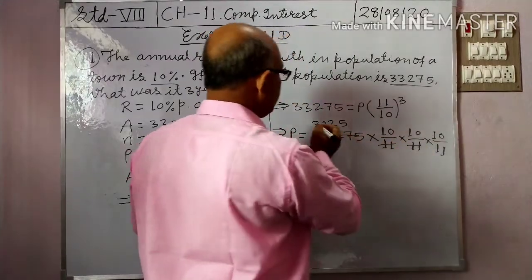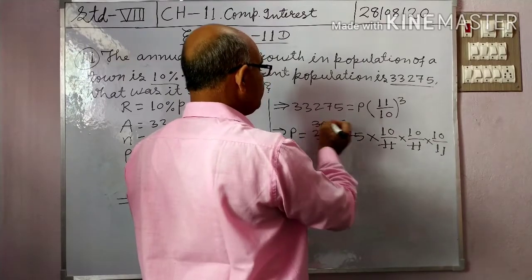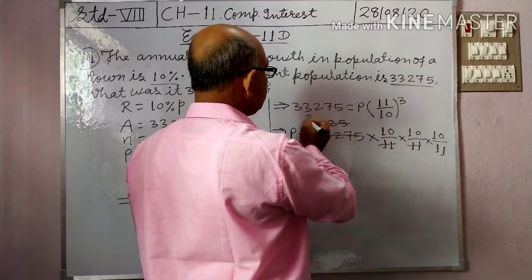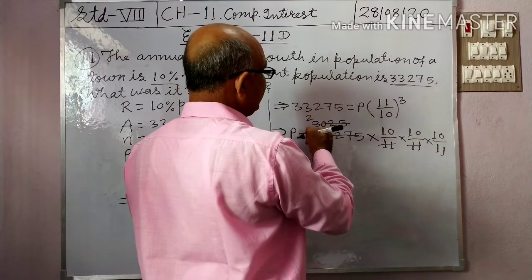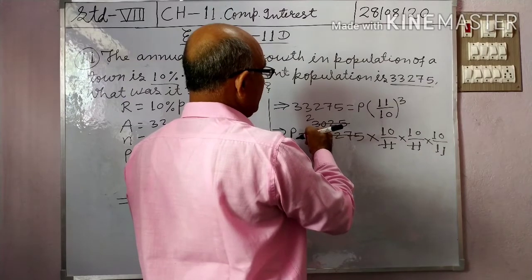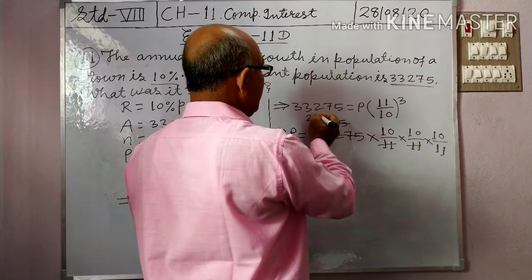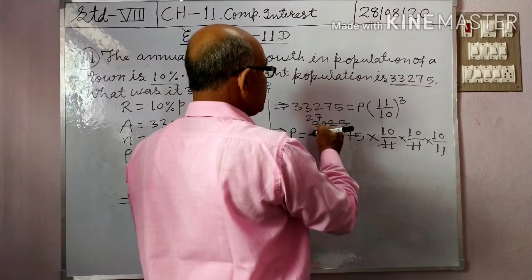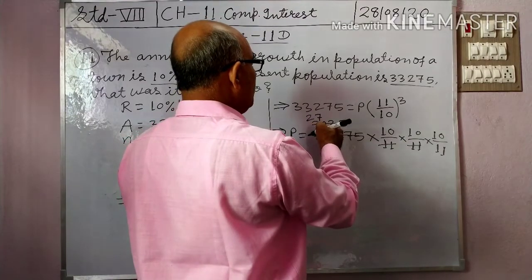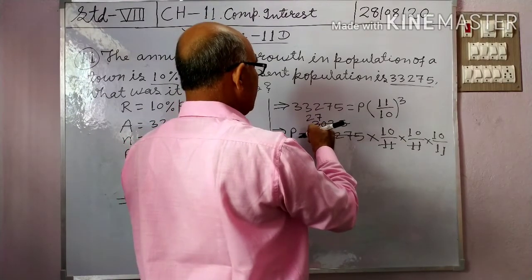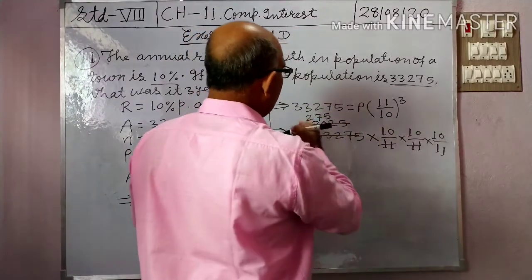Next bring down 3 and 5. 11 twos are 22, 82 minus 77, 11 sevens are 77. Then 55, 11 fives are 55.